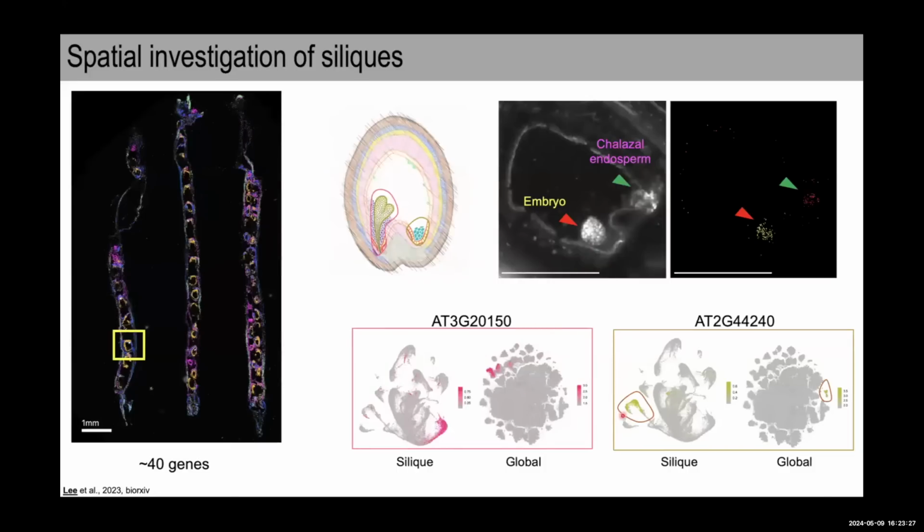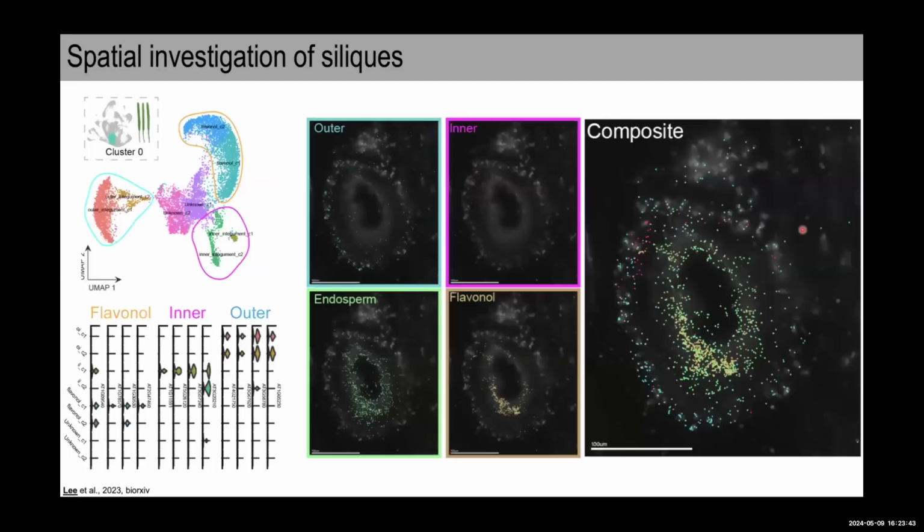And oppositely, in this other cluster that we've annotated as endosperm, looking at where it's expressed, these pink dots correspond to the chalazal endosperm. So that again helped with the annotation of these data sets.